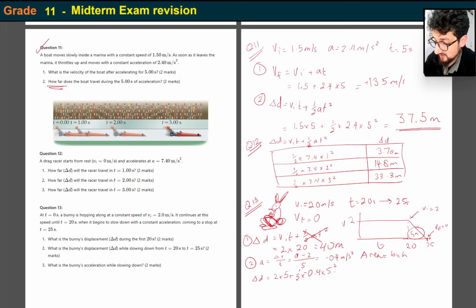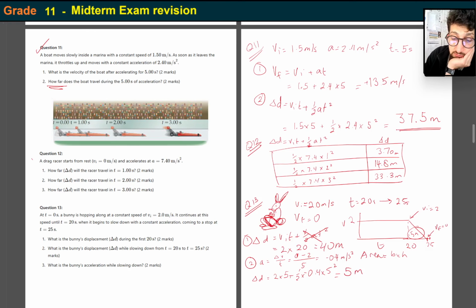Now, I wouldn't recommend you do it this way, but if that's what you're comfortable with, because I know some students are way more comfortable just using the formula. Yeah, that gives us 5 meters, which is what we got before. So, multiple ways of doing things. Okay?